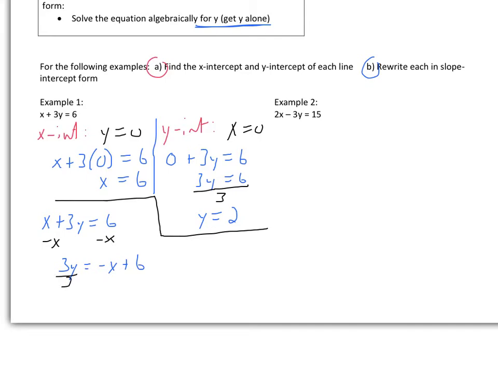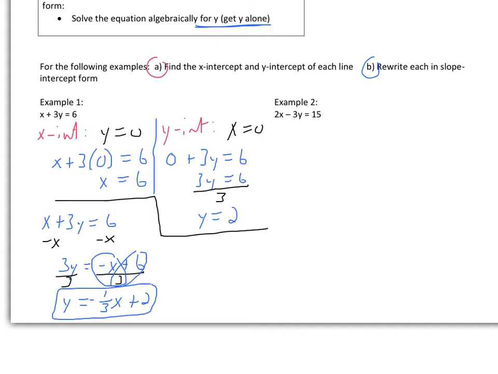I'll divide both sides by 3. And I'll get y equals, I'm going to write this fraction, which is negative 1/3. That's my slope. And then this fraction, because both are being divided by 3, and we get plus 2. This is the slope-intercept form of that standard equation.